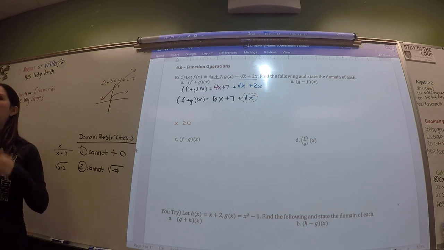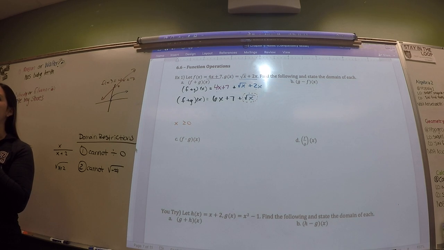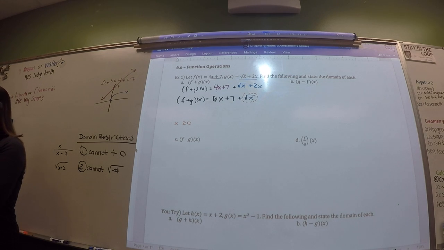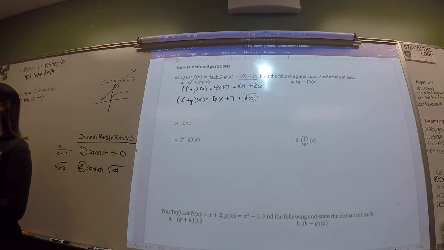I guess you could leave the square root in there, but this just makes it a little bit easier. Because if you have a variable in the square root and that variable winds up making the square root negative, then you're creating imaginary numbers which are not real. We don't want that, because we're talking about a function, it has to exist on the real coordinate plane.